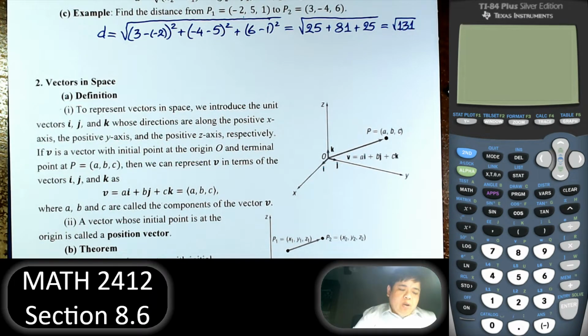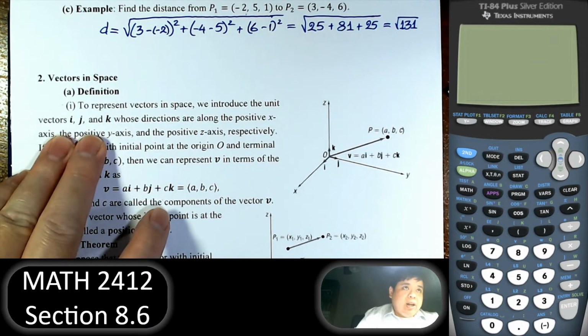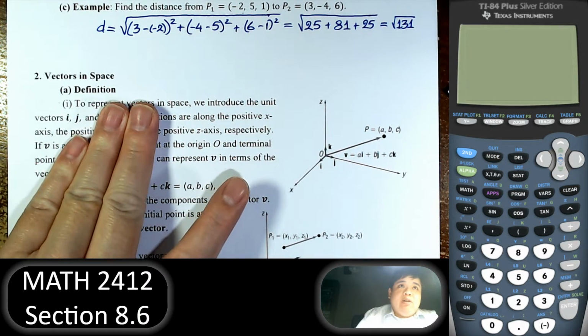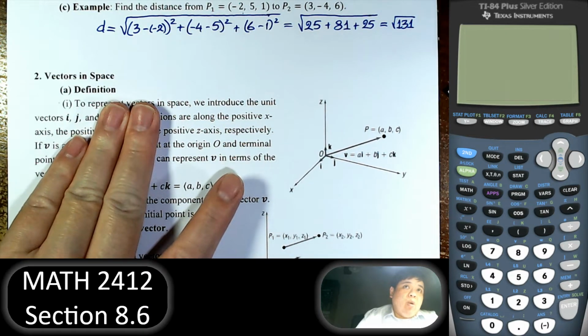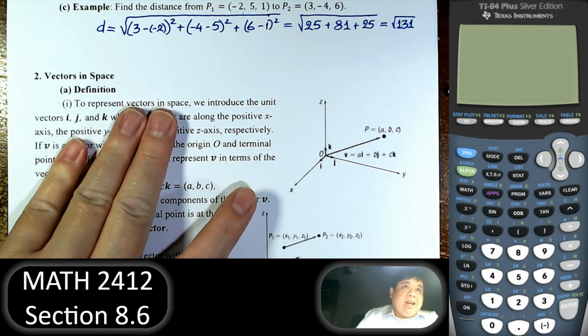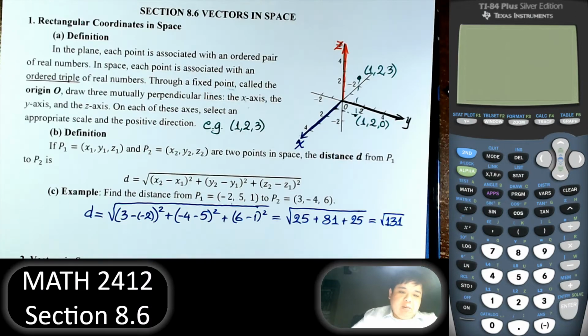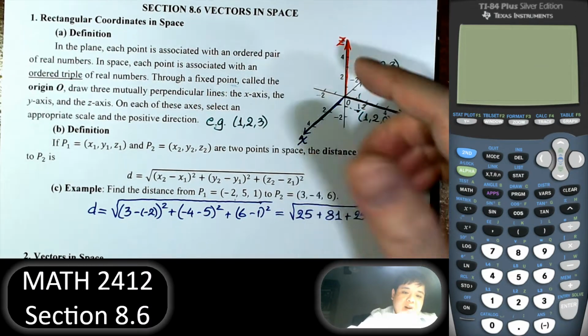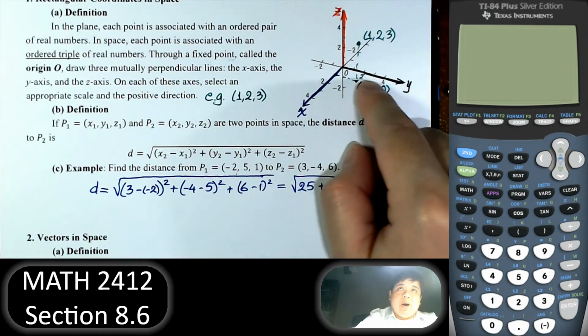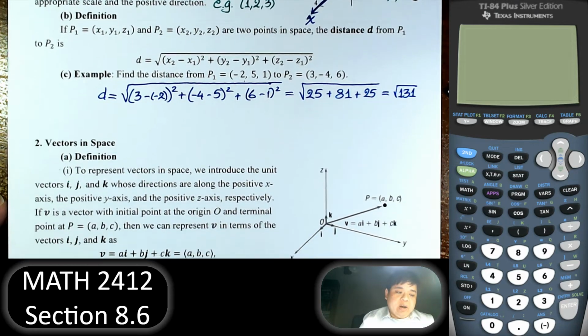Right. And also we introduced positive i and j. We did have i and j for the positive x and positive y axis. Now we have k, positive x axis, positive y axis, and positive z axis. Pretty much in this x, y, z, we all obey the right hand rule.